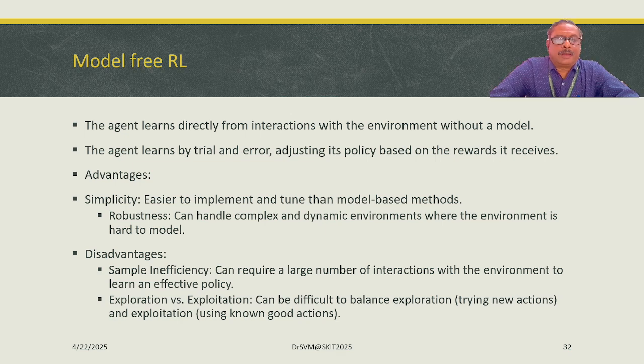And there will again be a problem of balancing exploration against exploitation. So it is difficult to decide how much exploration we should have and how much exploitation we should have so that the overall situation is at its best.